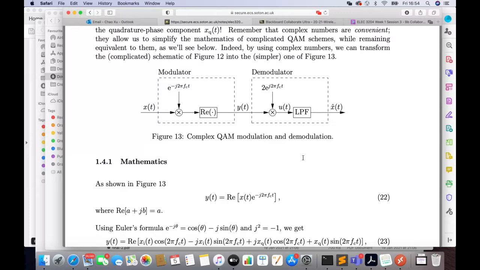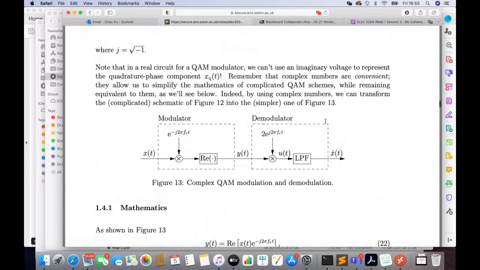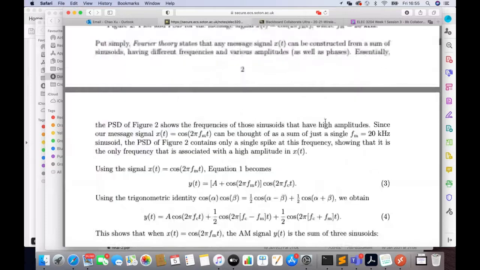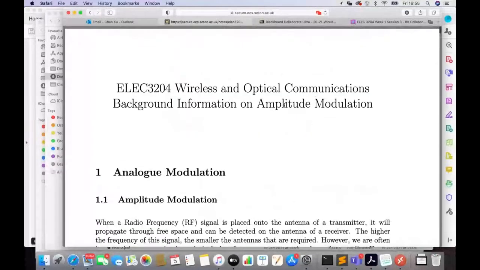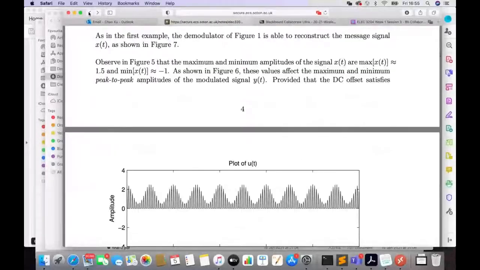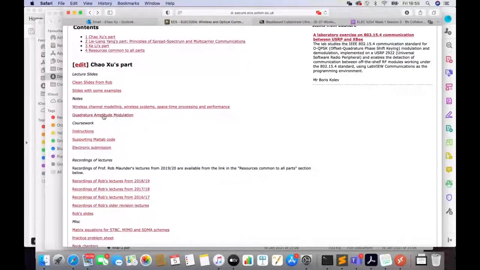So complex value representation helps us to do simulations and to model the process of signal transmission and reception. I won't have time today to go through these figures and equations, but I'm told that you have learned them before, the modulation schemes and especially QAM. So it would be helpful if you read up on quadrature amplitude modulation.